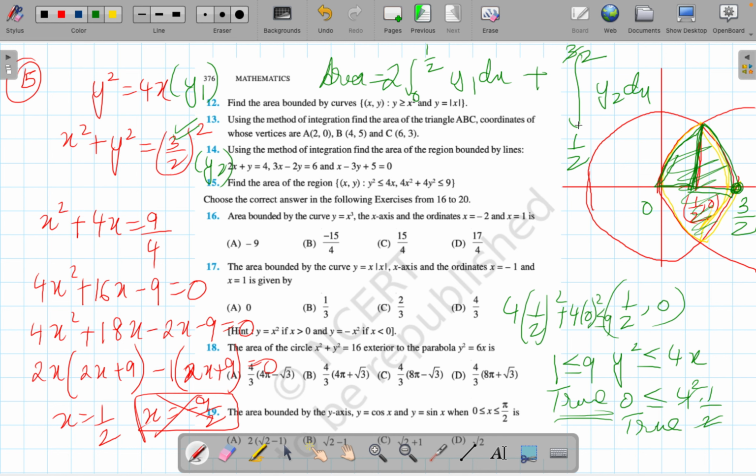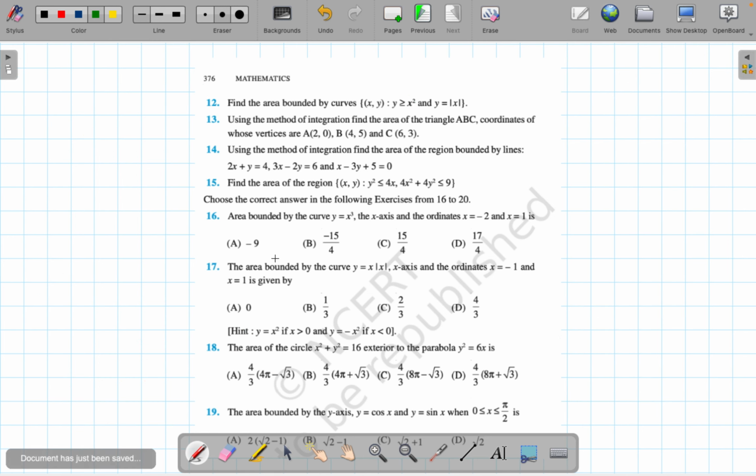And why will it be into 2? I hope that is also clear, because the area in the first quadrant is the same as the shaded area below in the fourth quadrant. So that is why it will be twice. Okay? So that is the significance of this. Same way, this is not to be done because it is cubic.